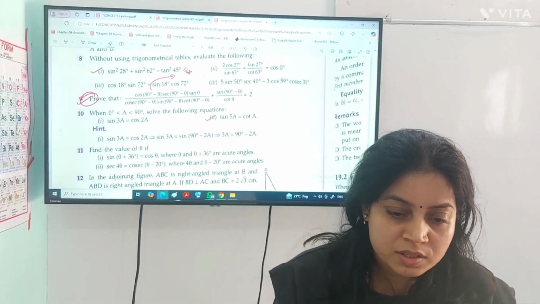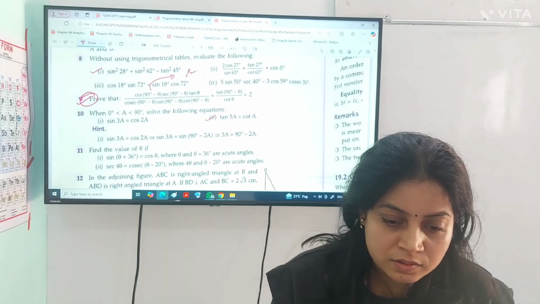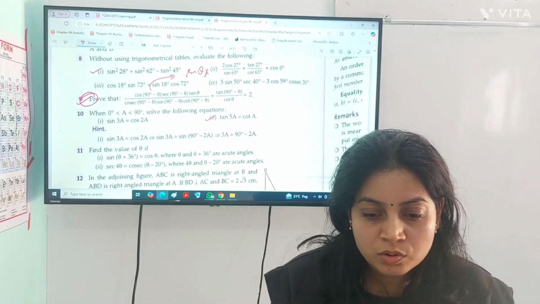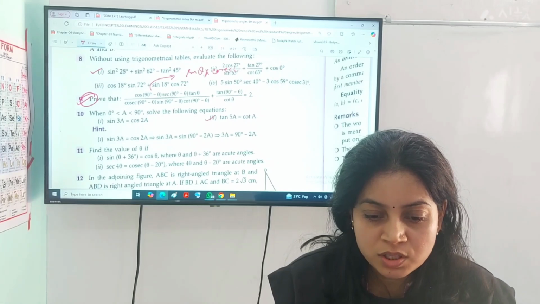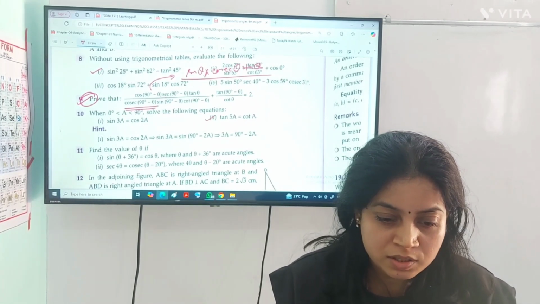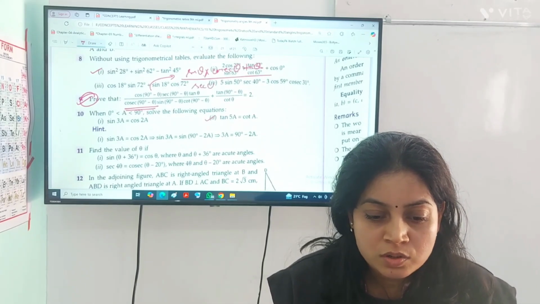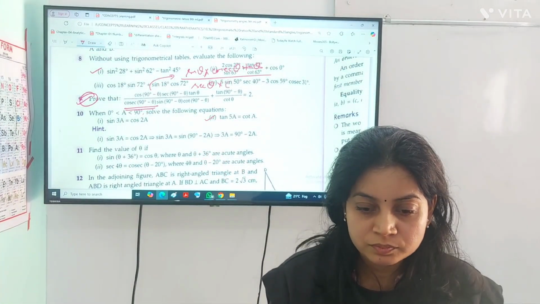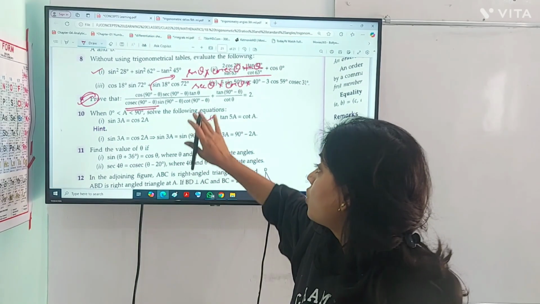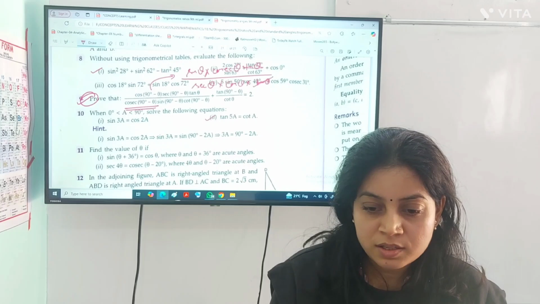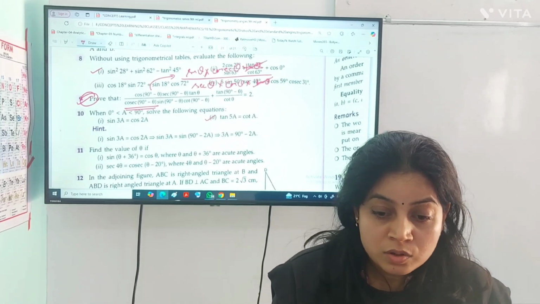So cos 90 minus theta, simple. Cos 90 minus theta is sin theta, and sec 90 minus theta is cosec theta, since sec and cosec are complementary. And this is your tan theta divided by cosec 90 minus theta. Cosec 90 minus theta is your sec theta, and sin 90 minus theta is cos theta, and cot 90 minus theta is tan theta.